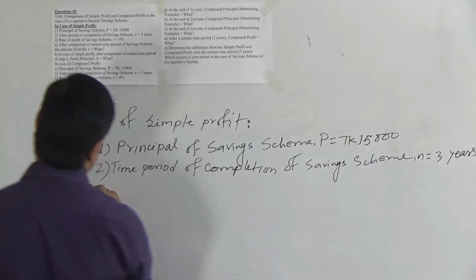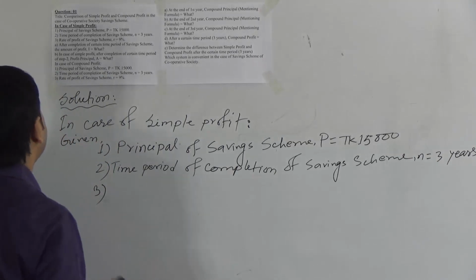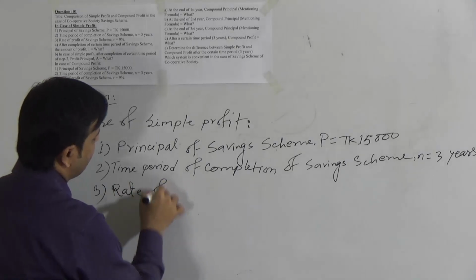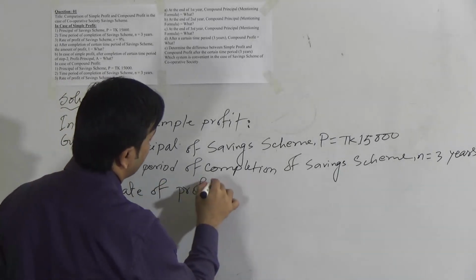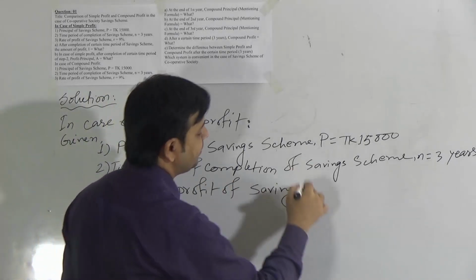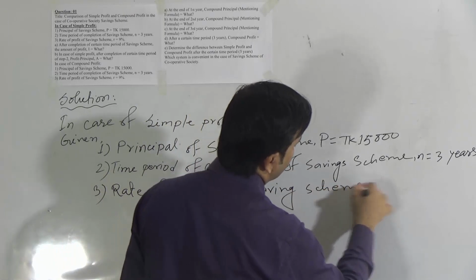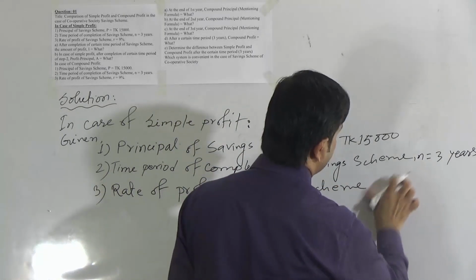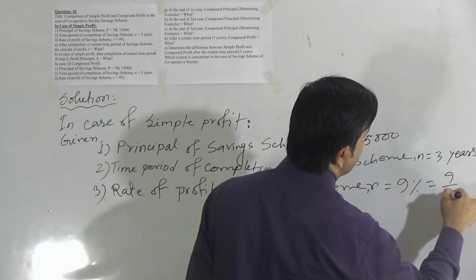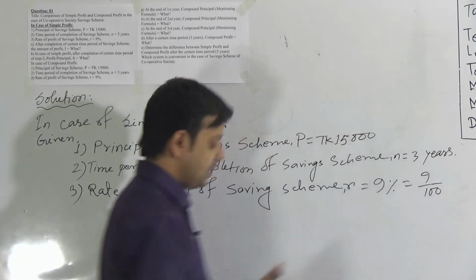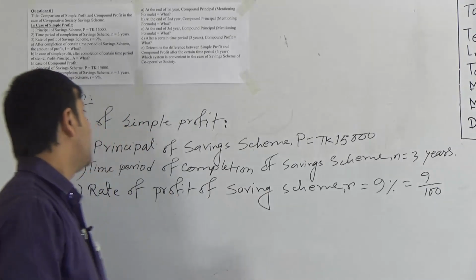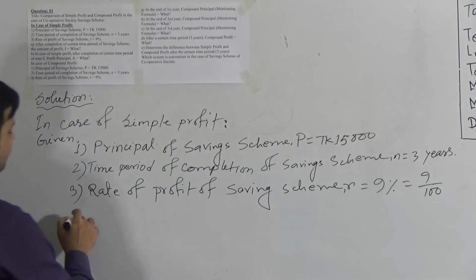Then third information is the rate of profit of savings scheme. That will be R equal to 9%. It means 9 by 100. 9% means 9 by 100. These pieces of information are given. So we can solve first question A.